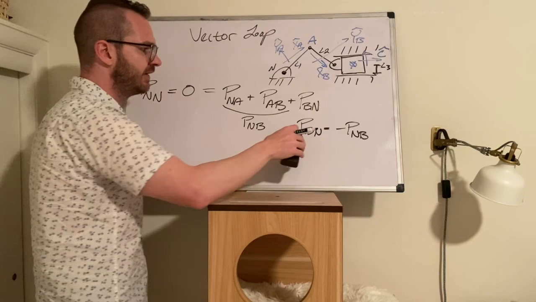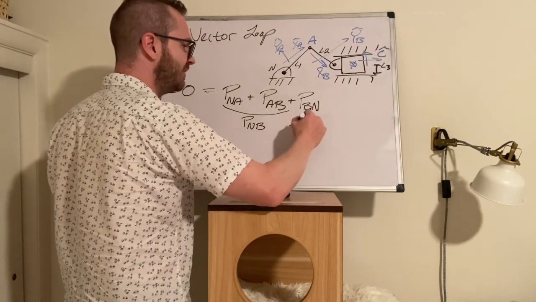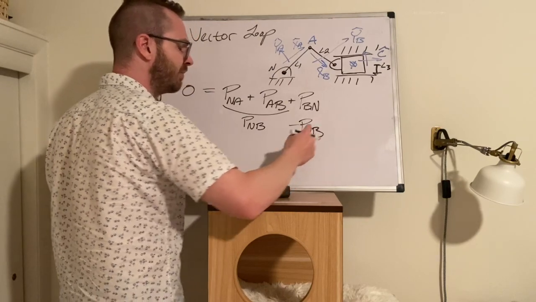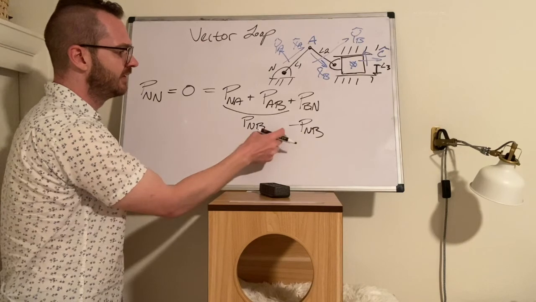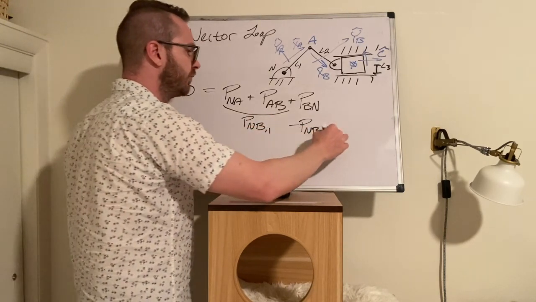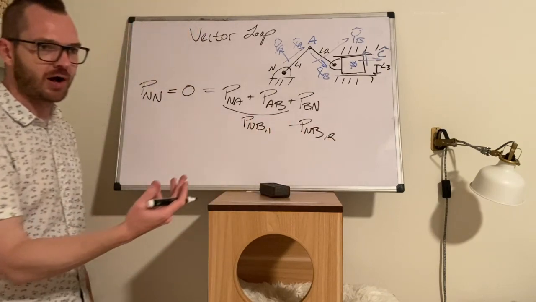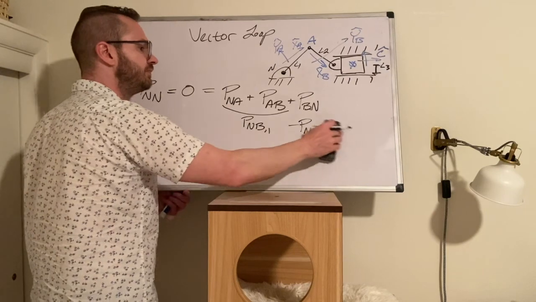Now, if I put these together, we're writing P N to B minus P N to B. But recall, if you go back and look at the positions we defined, this is like saying P N to B, comma, number 1, and this would be P N to B, comma, number 2, because we did it twice. So let's put the details into this expression.